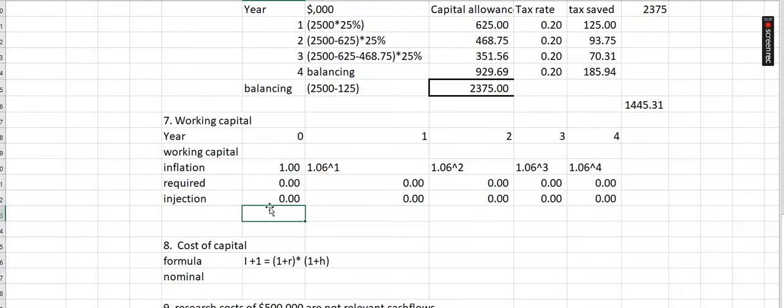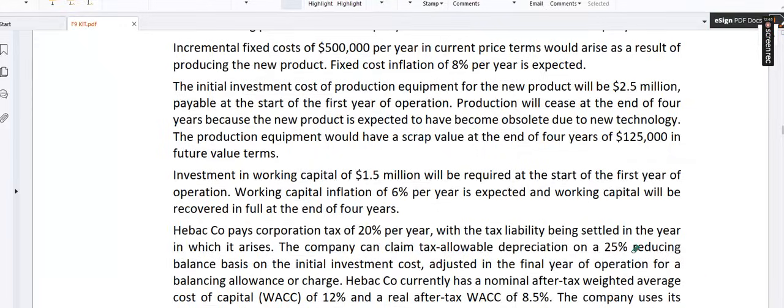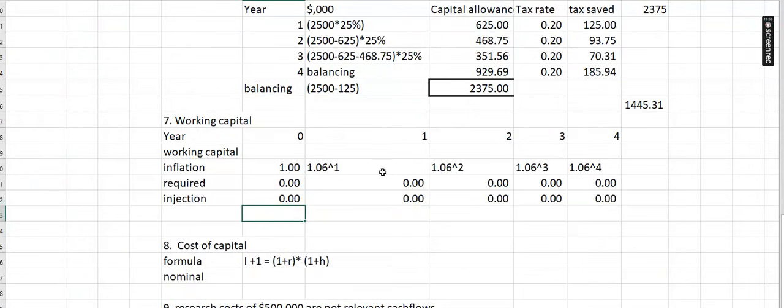So how much is our working capital? We'll check in the question. So here we are told that investment in working capital is 1.5 million will be required at the start of the year of operation, and inflation is 6%. Okay, so what you do, you just put 1.5 throughout.